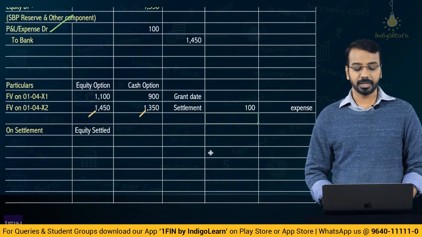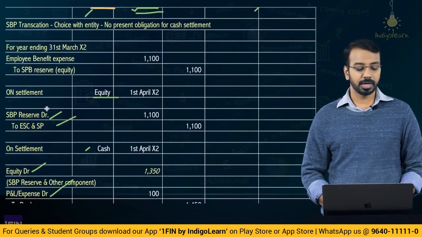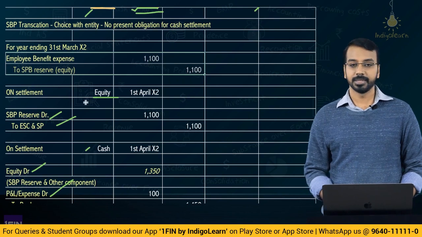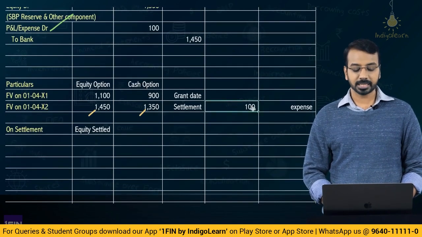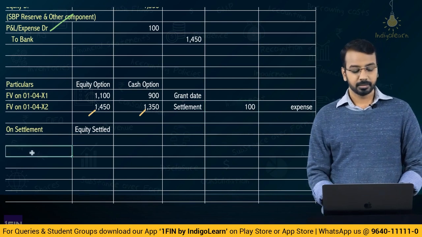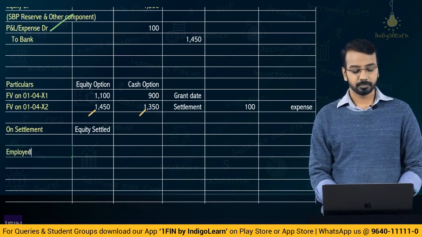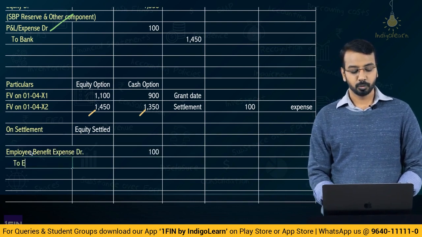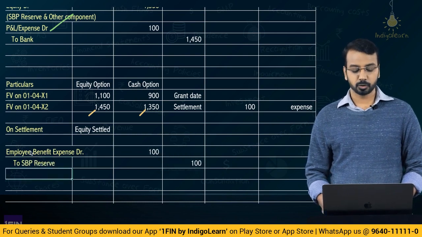Okay. So now what will be the entry? Here if you see, we have already passed this first entry, employee benefit expense to reserve or equity, and now this extra 100 will also be treated as an expense. So you will debit employee benefit expense 100 to SBP reserve 100. So what happens?